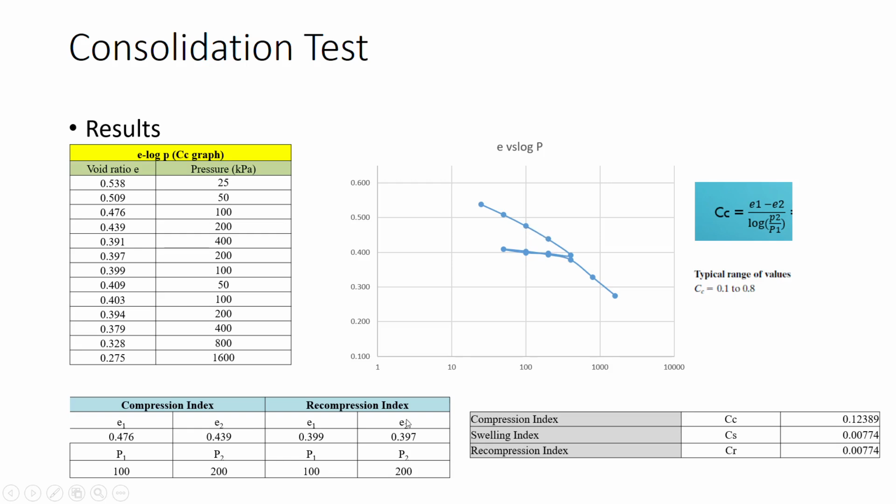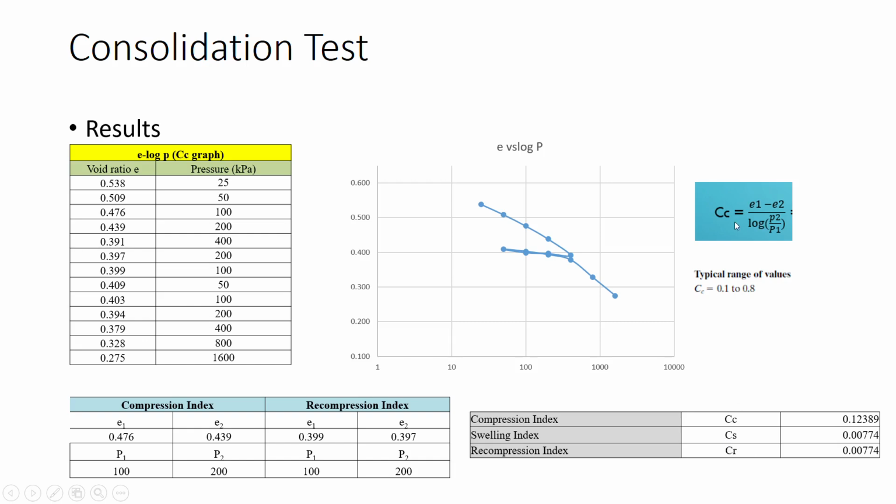And this is basically the recompression or the swelling portion of the curve, which is obtained from the unloading of the sample.